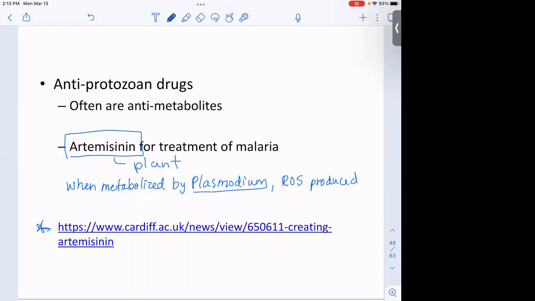And that is going to damage the protozoan proteins. Okay, essential Plasmodium proteins. So that's maybe not terribly satisfying exactly how that works, but it has something to do, we think, with reactive oxygen species oxidizing molecules like proteins, making them non-functional, basically.